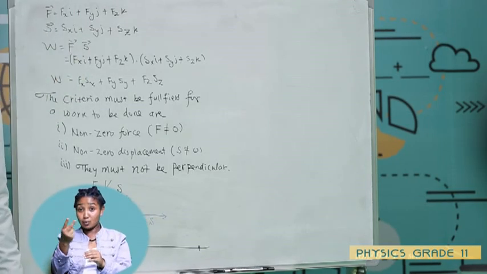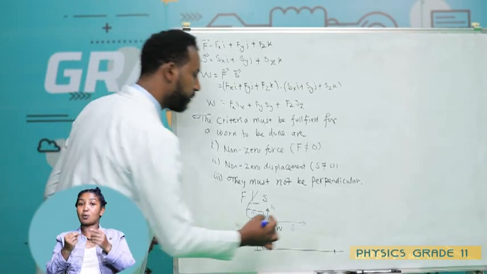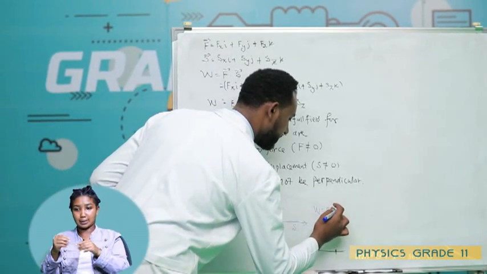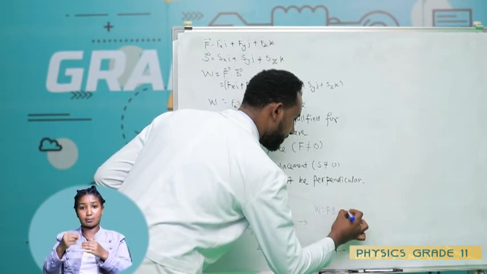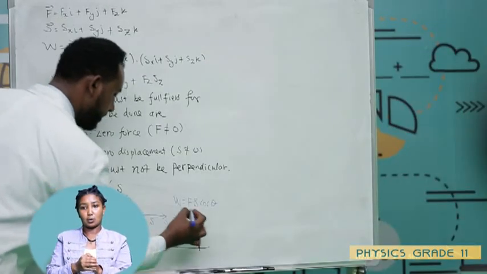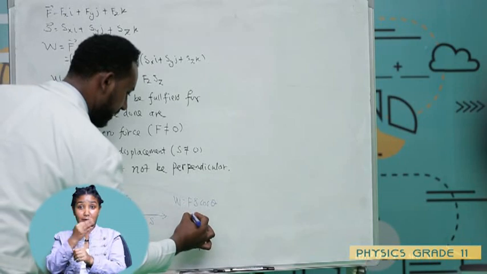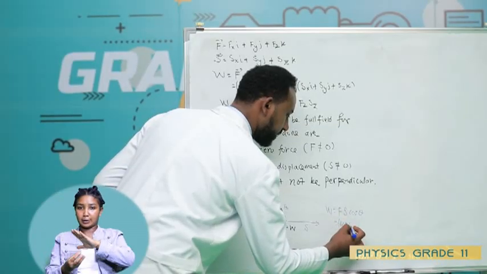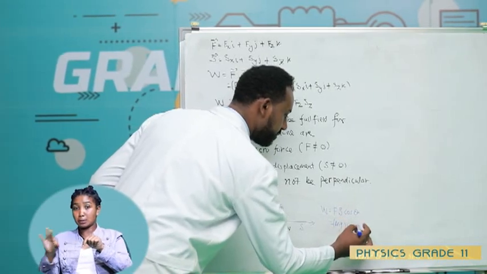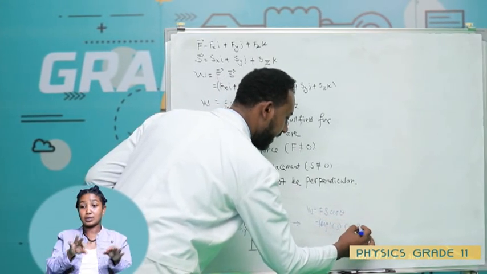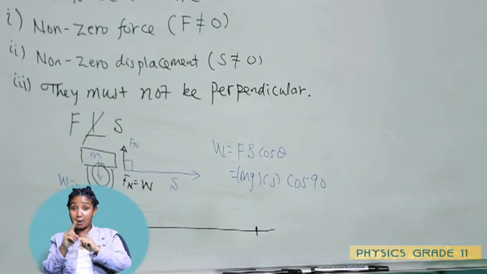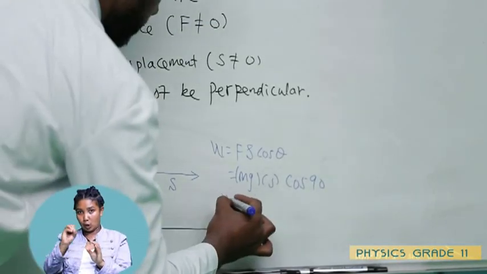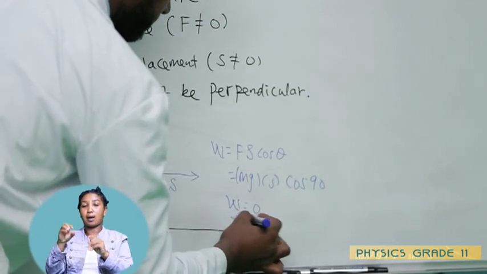Work is given as force times displacement times cosine of theta. Substituting F as mg, the displacement might be there, but the angle gives cos 90, and we know that cos 90 is 0. Therefore, the mechanical work becomes 0.